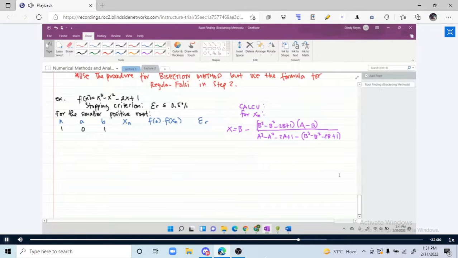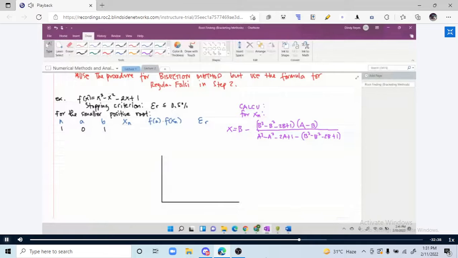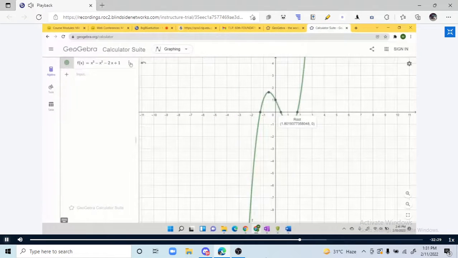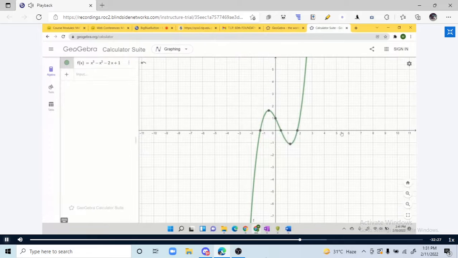Kasi during the first conference, ang sinusolve natin, kasi root finding ito, di ba? Ganito kasi yan, iho. Okay, ang function natin, ganito. Ganito yung itsura. Ito na lang, sa graph, para mas madali mo makita. Okay, ito yung function natin. Hinahanap natin yung roots ng equation or yung zeros ng function ang tawag natin.